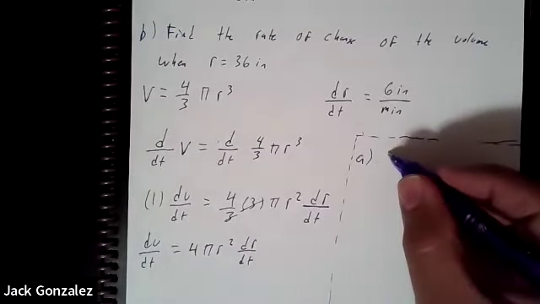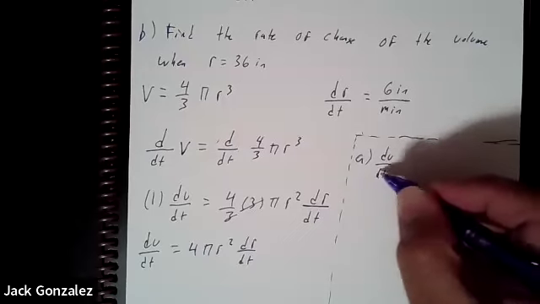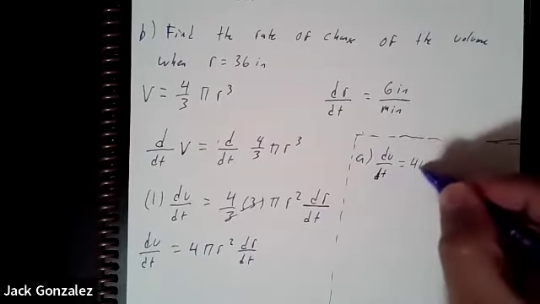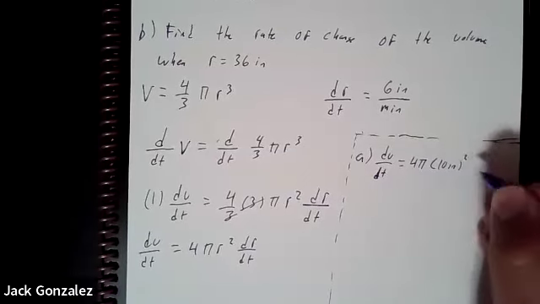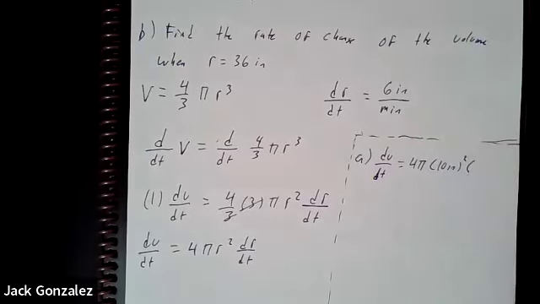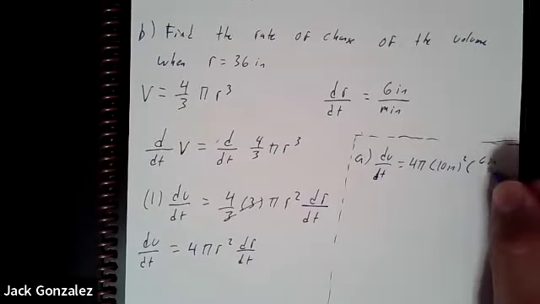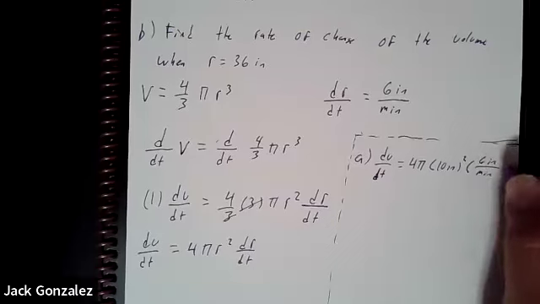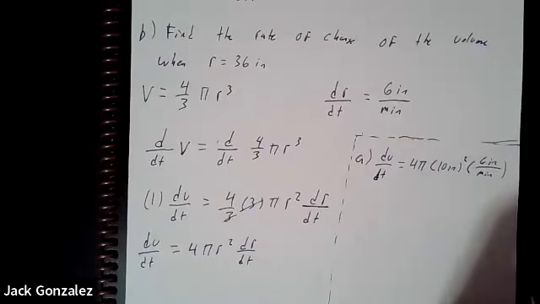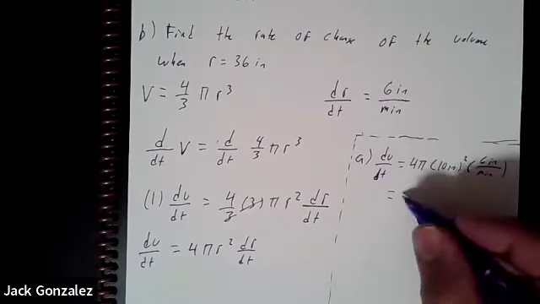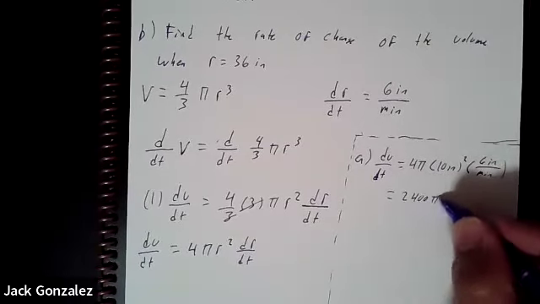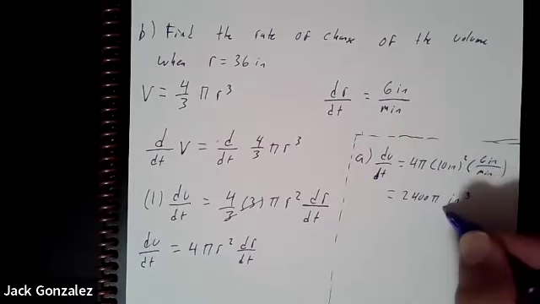Part A, dV/dt will equal 4 pi times 10 inches squared times 6 inches per minute. So that'll be 2,400 pi inches cubed per minute.